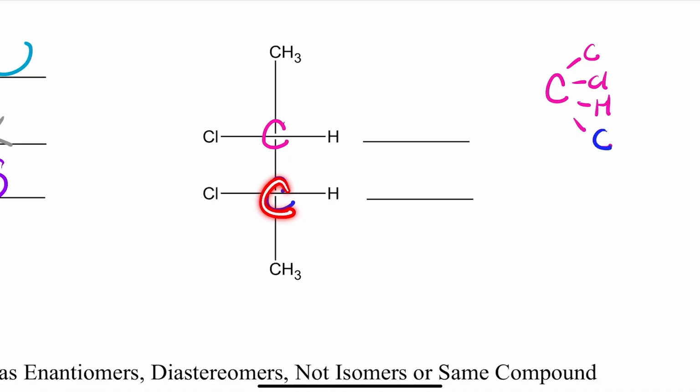Now for this one, is it different? Let me just write it out also. Carbon. It's attached to a carbon above it, then a chlorine to the left, hydrogen to the right, and then another carbon. But the carbons themselves are attached to different things, so it's also going to be chiral.